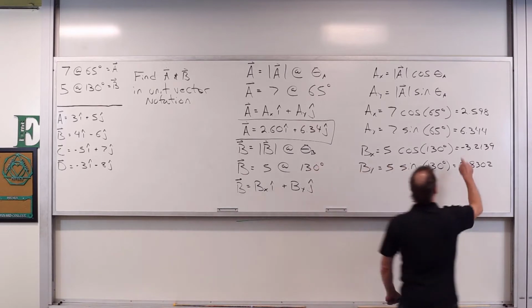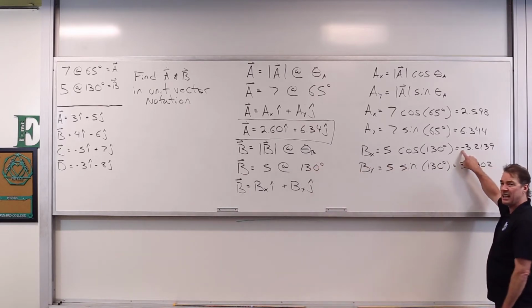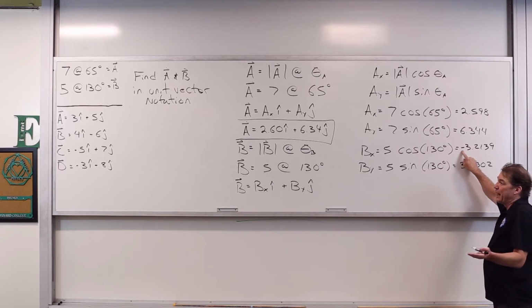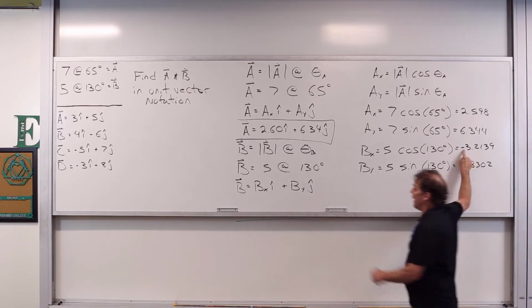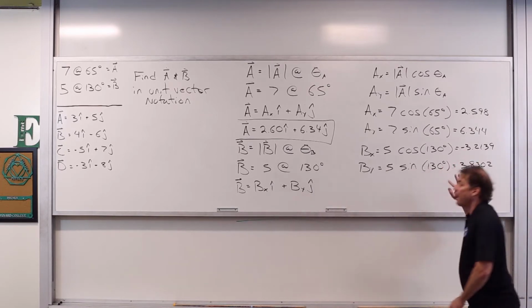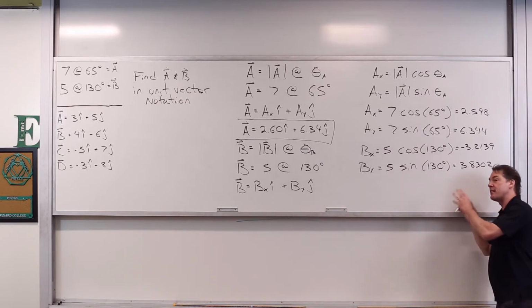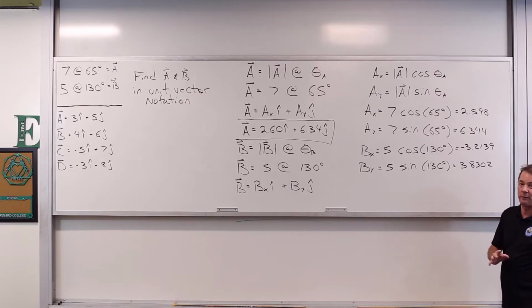Notice something here. This is negative. What does that negative sign mean? It's not negative how much. We have negative i hat. Negative signs with vectors are always directional. It doesn't, strictly speaking, go with the numeric value.